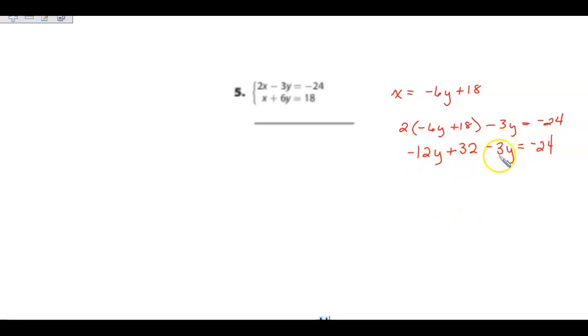Now I'm going to combine my like terms. I get negative 15y plus 36 equals negative 24. I'm going to subtract 36 from each side. Just realized I did an error, and those are not 32, those are 36.